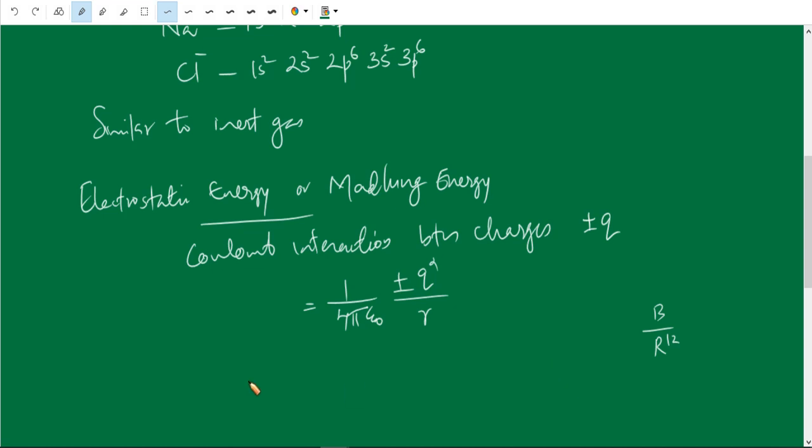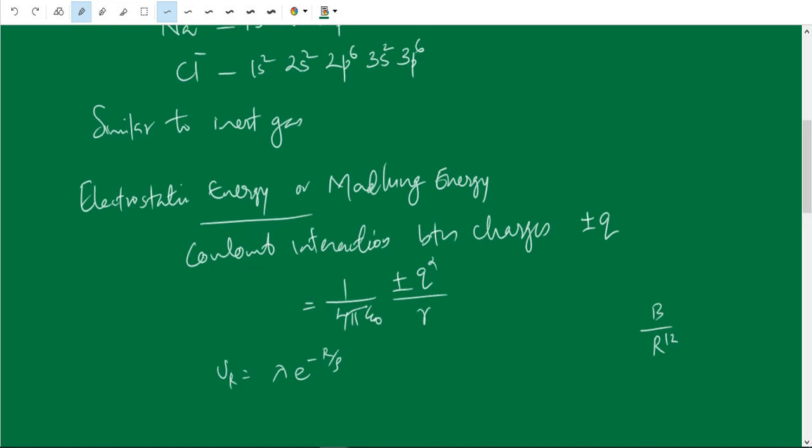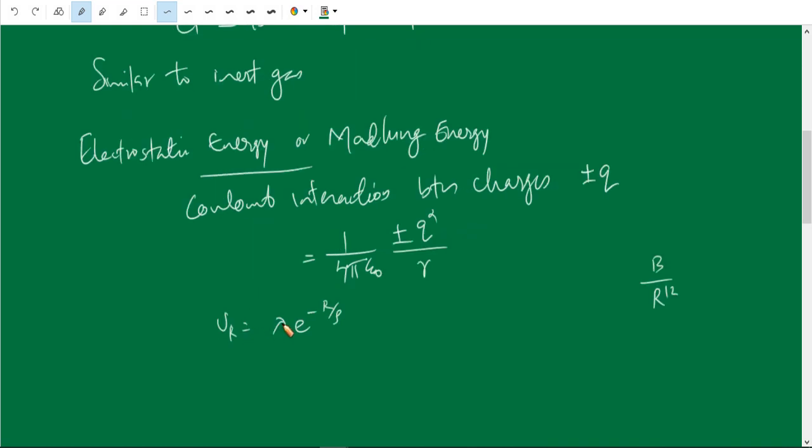We have another empirical formula for this potential, U(R) equal to lambda exponential minus R divided by rho. This is another empirical form for the repulsive interaction, and it is widely used. Now the ions have an electronic configuration similar to inert gas atoms. Therefore, there will be van der Waals interaction as well in these ionic crystals, but it is only about 1 to 2% of the total cohesive energy.